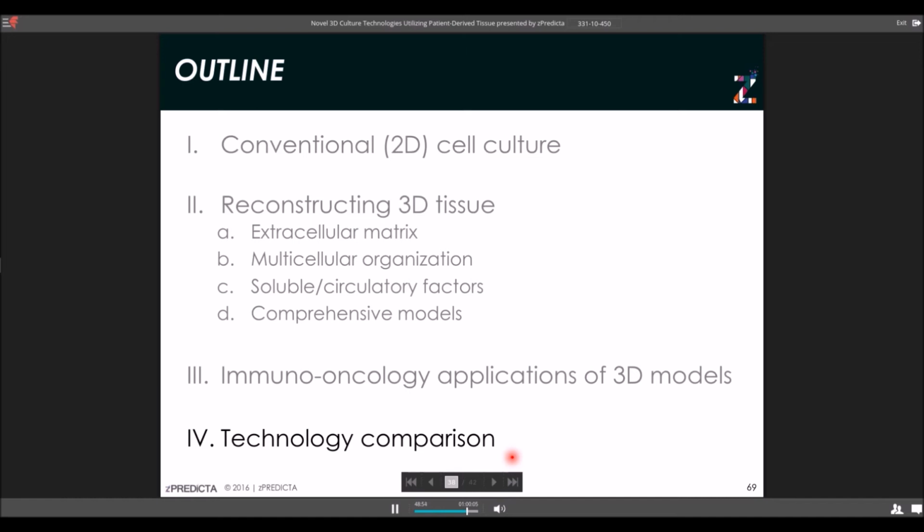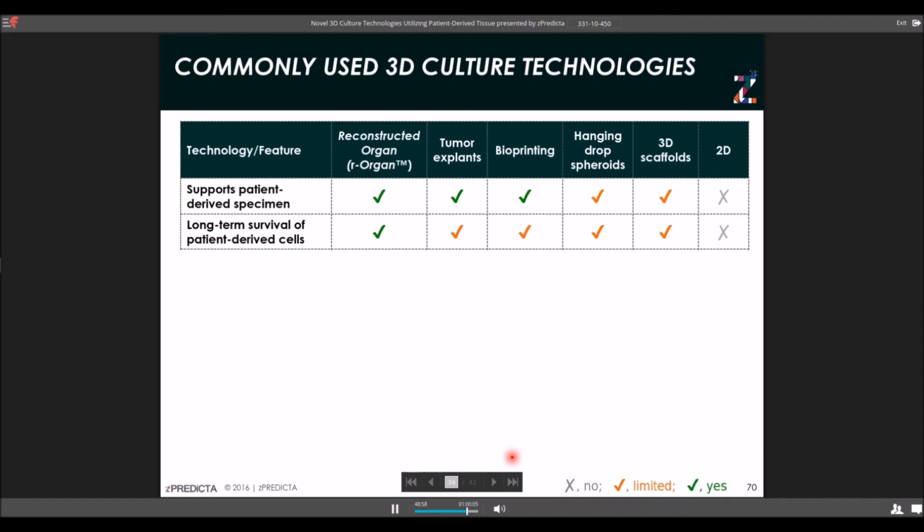So to summarize the things that I've shown today, here's a table just going over different technologies and their capabilities. So in terms of supporting patient-derived specimen and patient-derived material, which is absolutely crucial to the development of new drugs that will actually work in patients, two-dimensional cultures can barely do it, or only very short term, it doesn't really work.